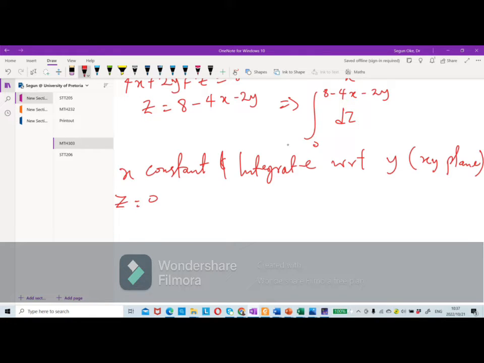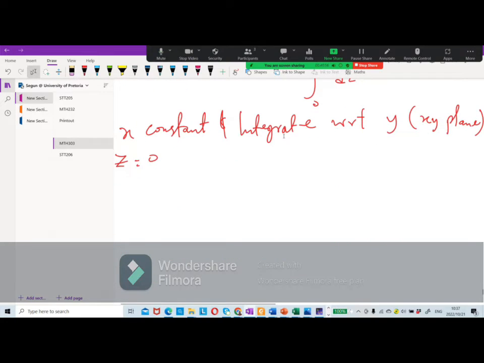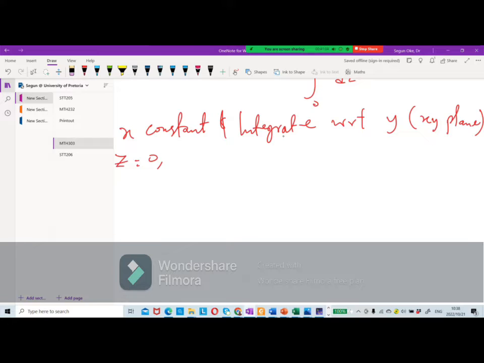If z equals 0, let's call this one equation 1, what happened? It simply means that with z equals 0, we now have y equals 0. So 4x plus 2y equals 8.